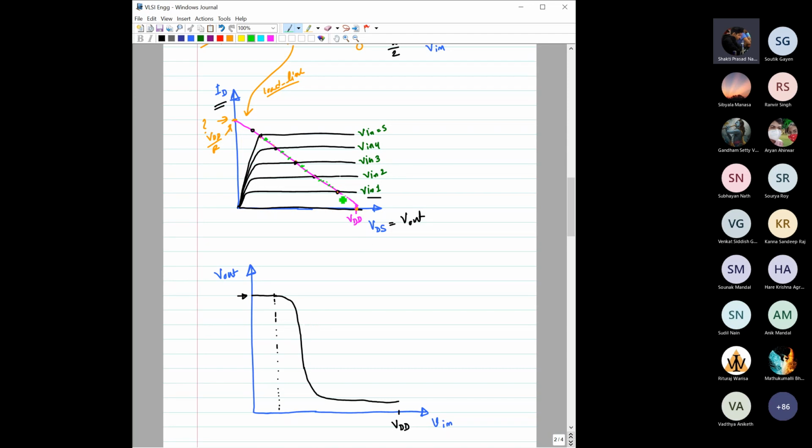So what I am talking about now is the graphical illustration, meaning how graphically you can find it out. Obviously, analytically also you can do that, and we have to do it, but we are not talking about that right now. Because you know the equation of this line and the equation of that line, so two lines, you should be able to find their intersection analytically, no issue in that.